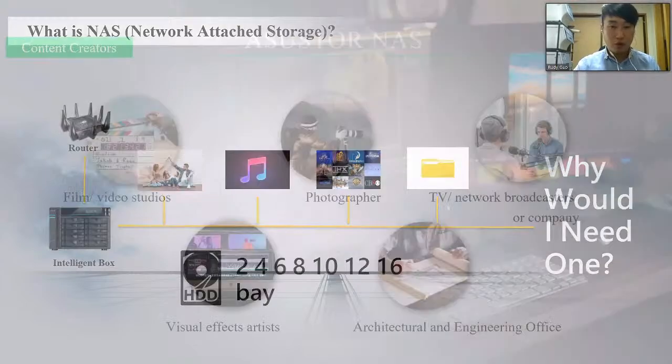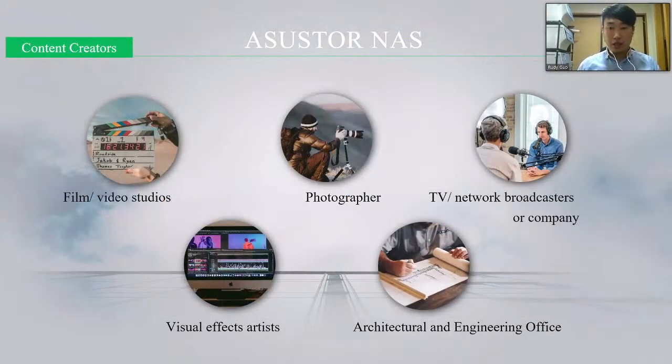Over here in this slide, we have 6 different professions, from video studio, photographers, network broadcaster, visual effect artist, architecture, and of course the engineer office. So the question is, what do these professions have in common when it comes to data?